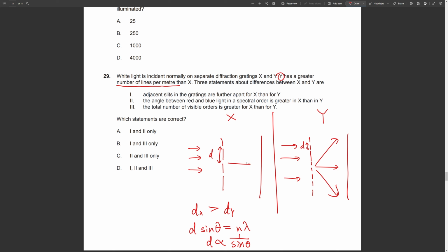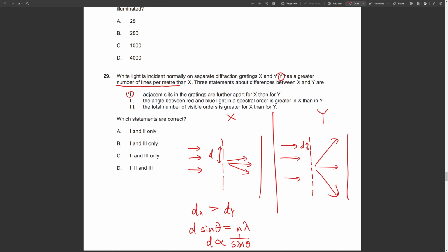Meanwhile, X spreads less. Statement 1 suggests that the slit separation on X is further apart than Y, which is correct. Statement 2 suggests that the angle between red and blue in X is spreading wider out. It is wrong.